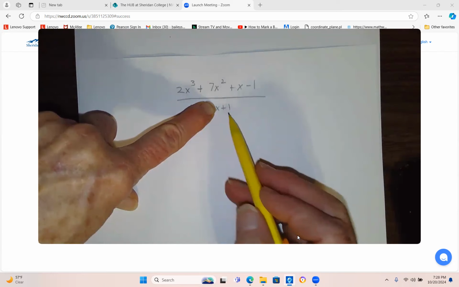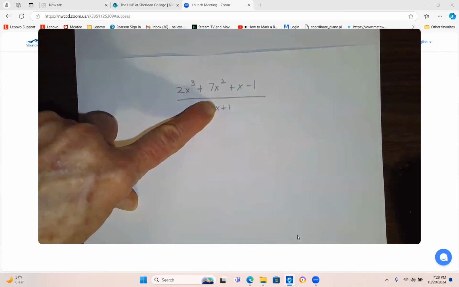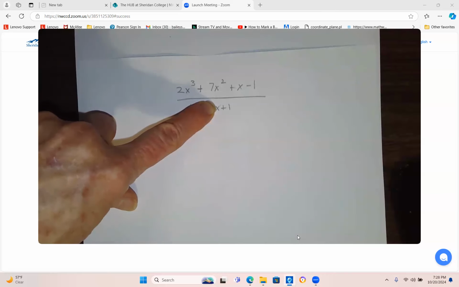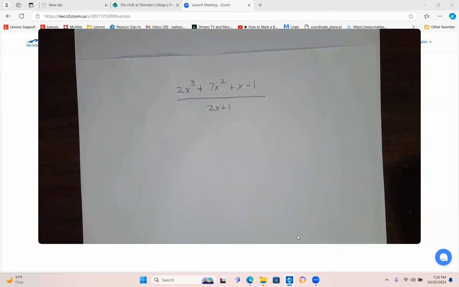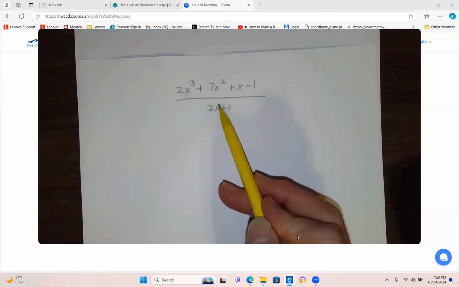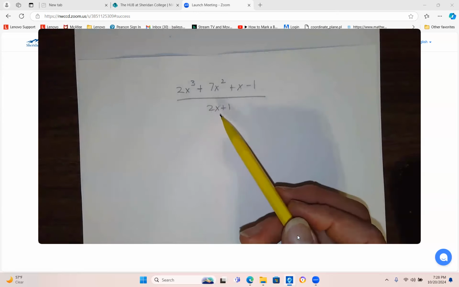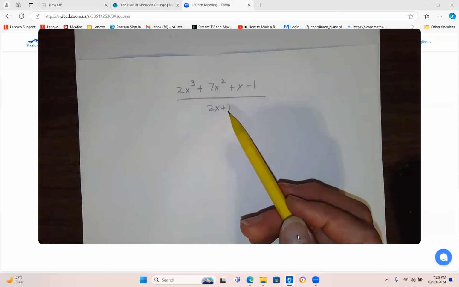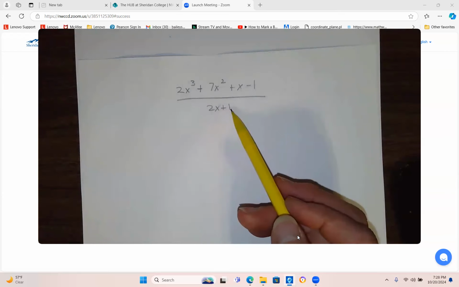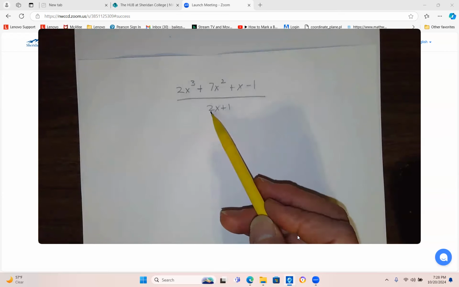It's always going to be the opposite in your box, and then list your coefficients. But because of the 2, or if this had been squared or whatever, we would have had to use long division. So we're going to use long division on this one because of that 2.